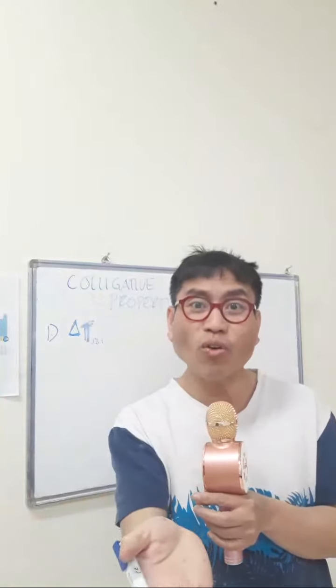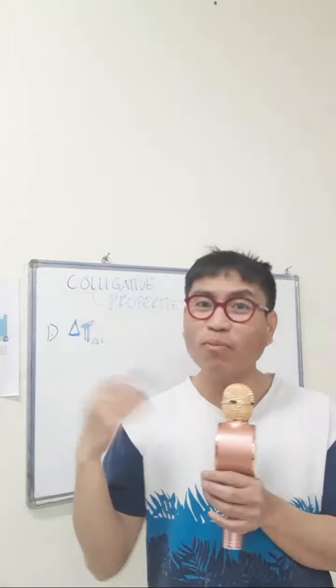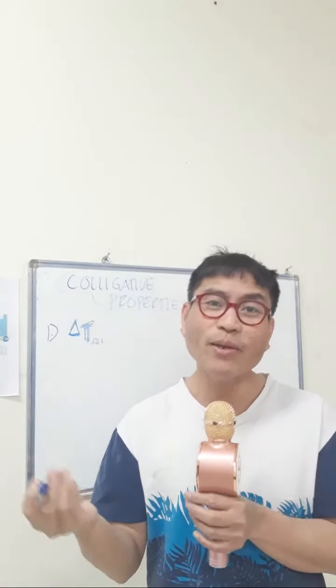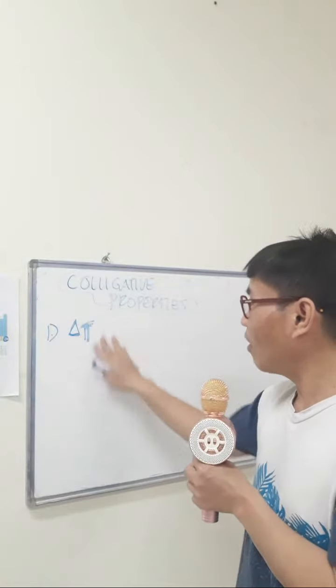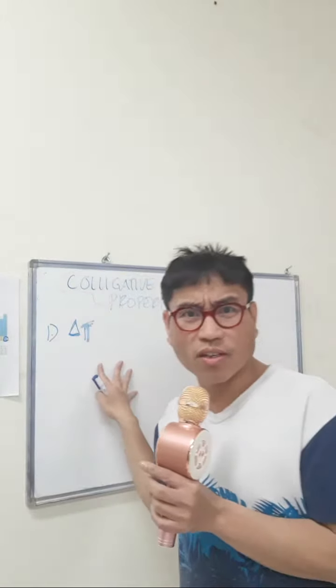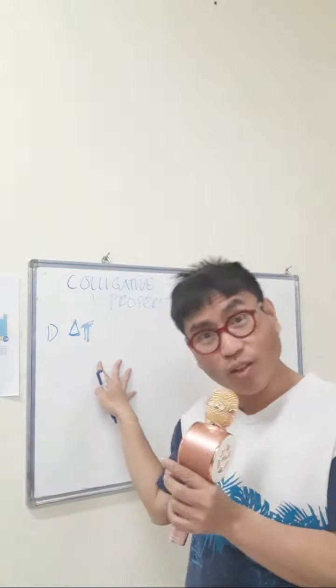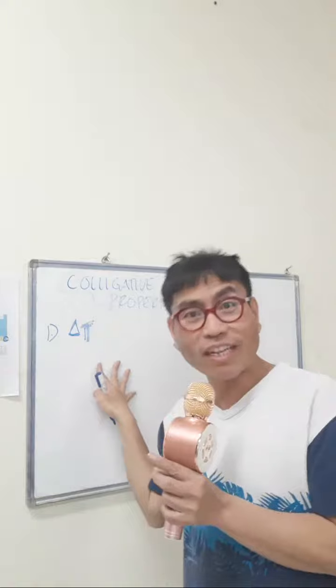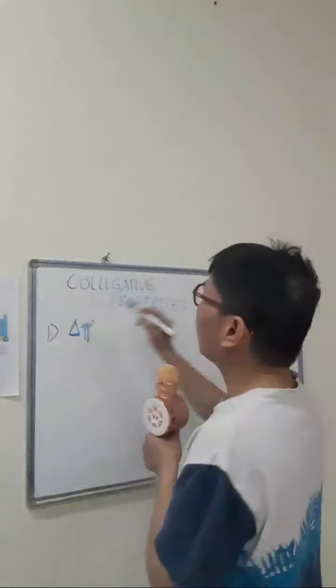Also for solution, SOL is the first three letters. So we don't put a subscript anymore. We just understand that these colligative properties are for solutes, not solvents or solutions. But of course, solutes and solvents will play an important factor in our formulas.